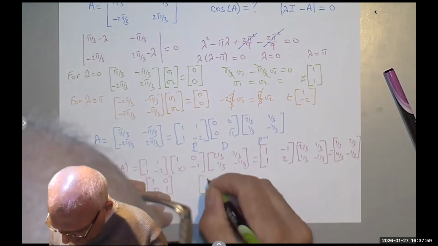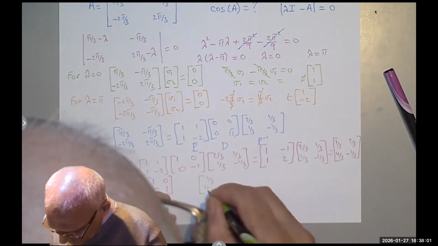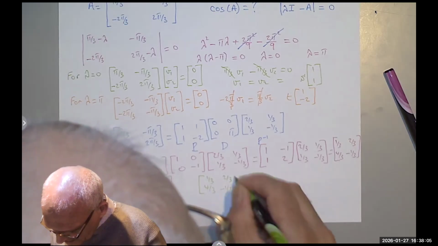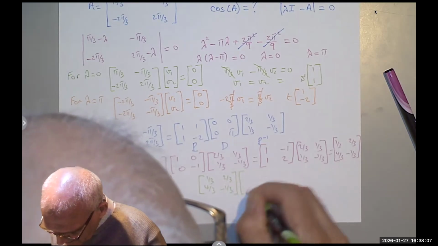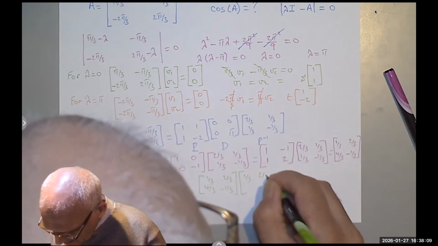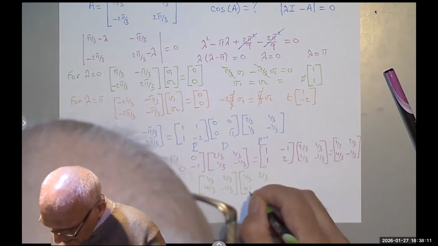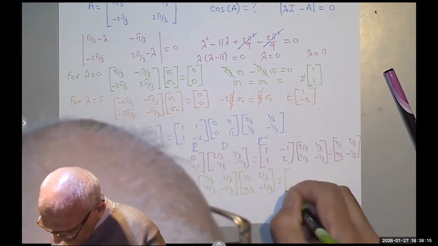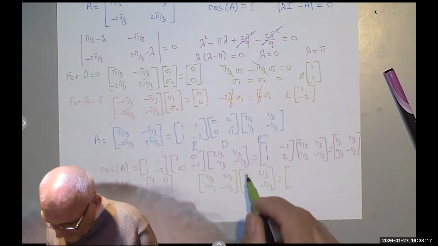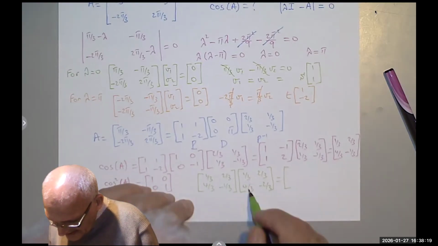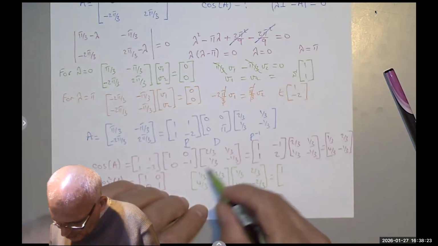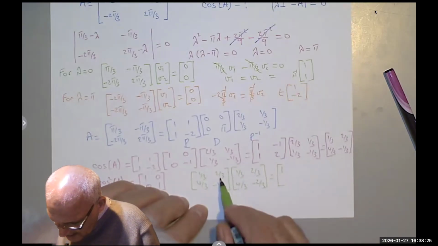I have 1/3, 4/3, 2/3, -1/3 times itself. So I get 1/9 plus 8/9, which is 1. Good. 2/9.